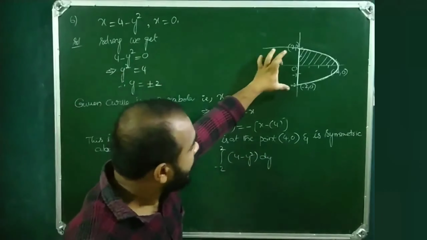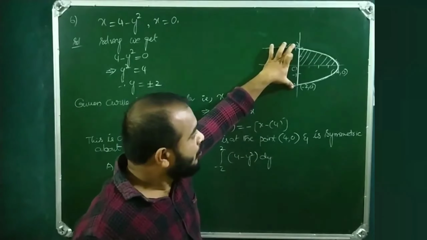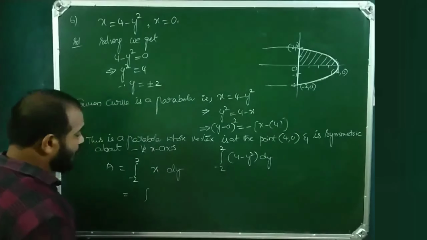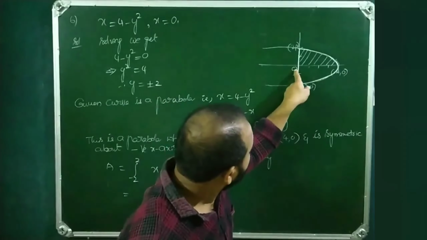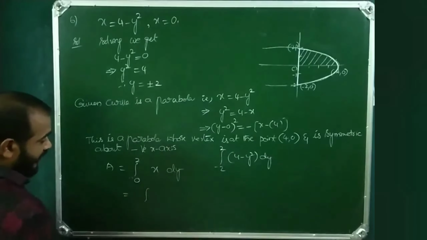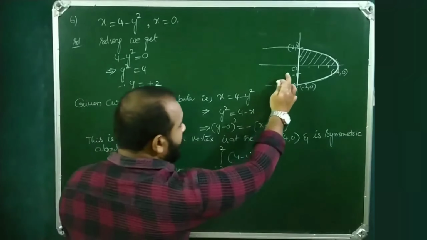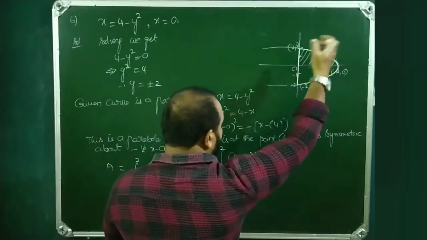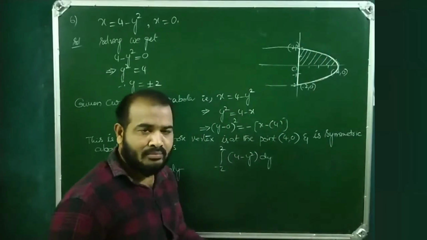So that means we are directly evaluating the whole area. Otherwise this is similar to 0 to 2 of x dy. If we multiply this by 2, then we will get the whole area. Both are equal.